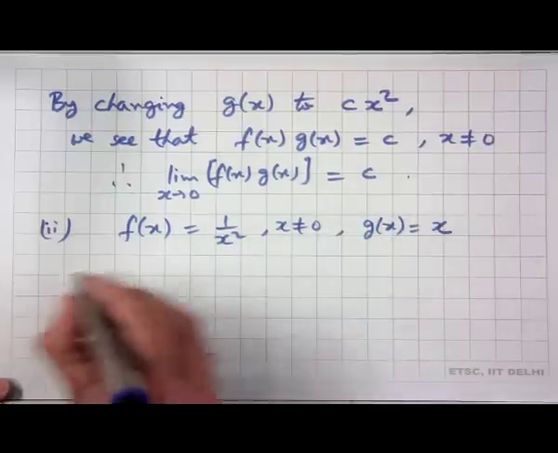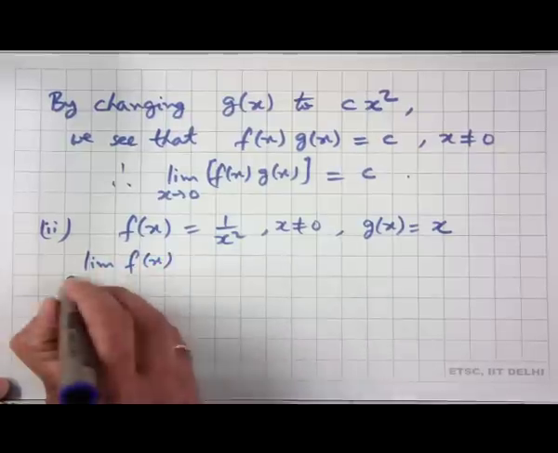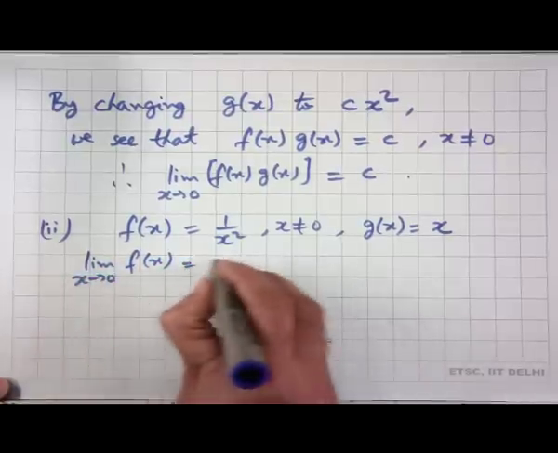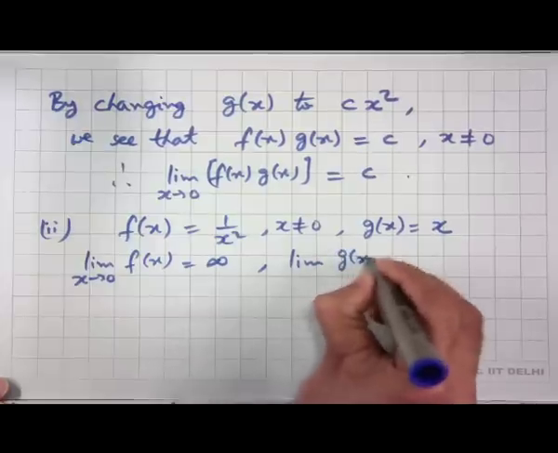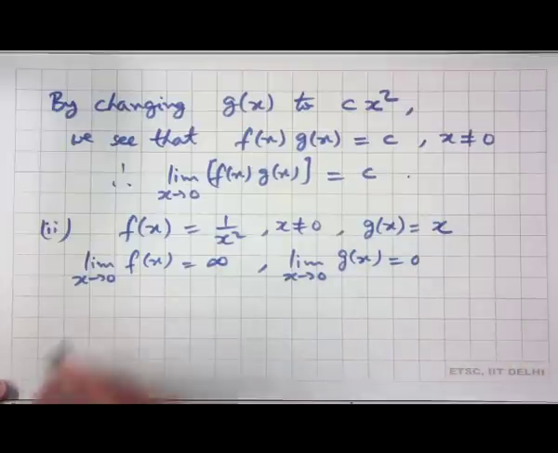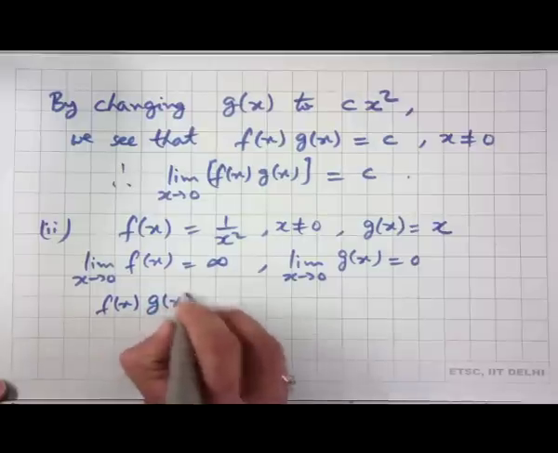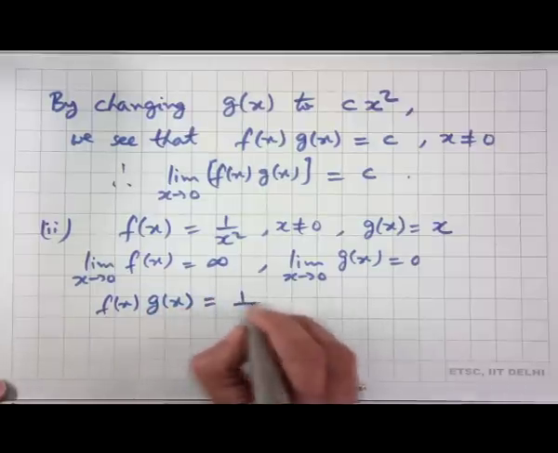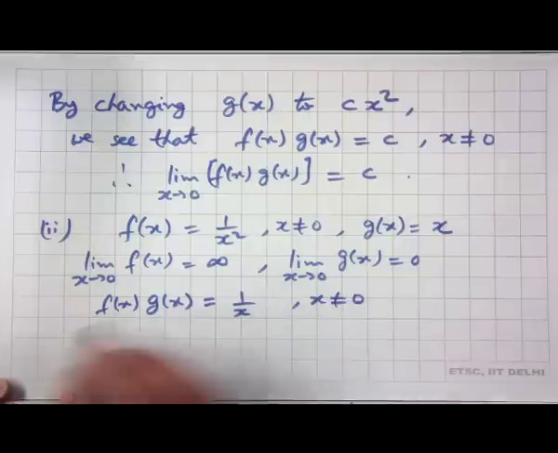So, here again the limit of f of x is infinity, the limit of g of x is 0, but f x times g x will be equal to 1 by x, for x not equal to 0, and then we see that.